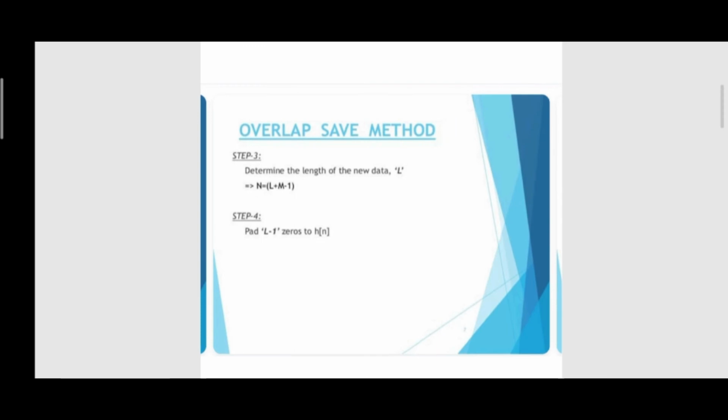In step 3, we have to determine the length of the new data. x of n is the given data and h of n is the impulse response. We have to subdivide x of n into smaller sequences, and for these smaller sequences, determine the length of the new data, denoted as capital L. L is calculated using the formula N is equal to L plus M minus 1.